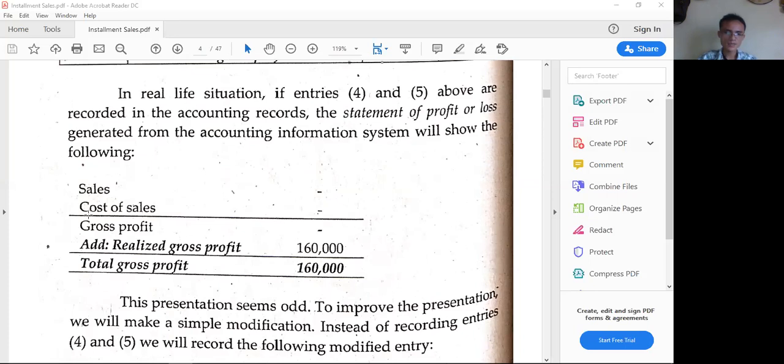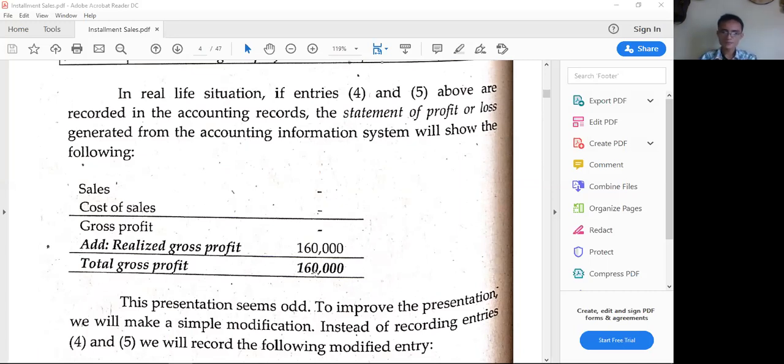So sales minus cost of sales gives gross profit. By the way, the sales and cost of sales here would be the regular sales, composed of cash and account, also known as credit sales. We just have to add the realized gross profit coming from installment sales to get the total gross profit.